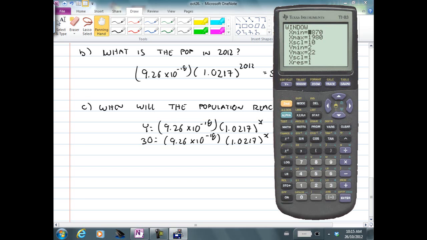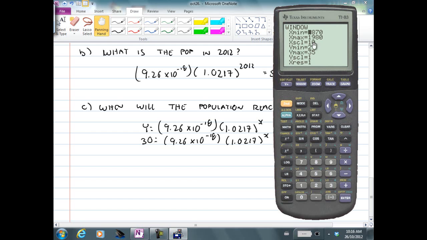Your Windows mode will be kept the same. Only difference is I want you to change the Y max so that it includes that number 30. So I will change it to maybe 35. Hit graph.